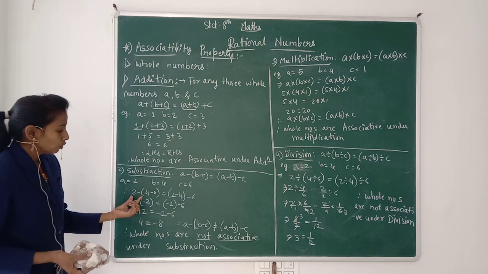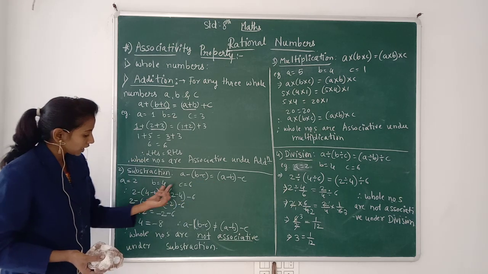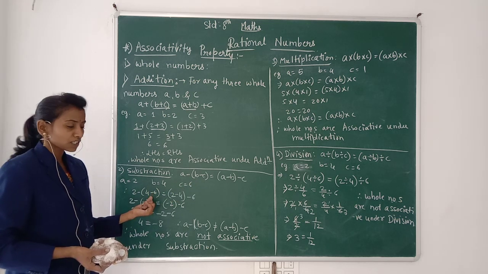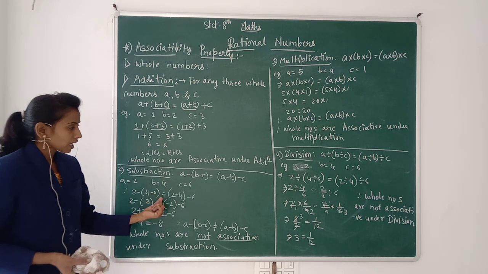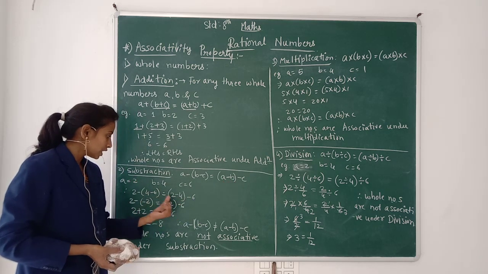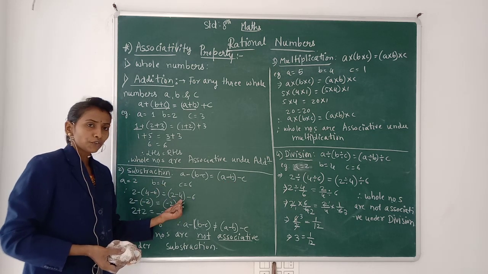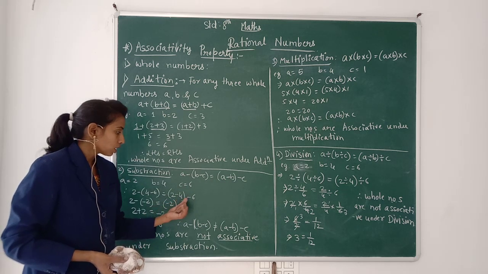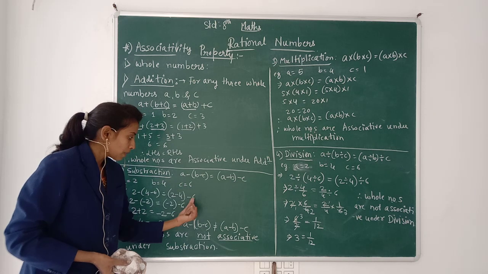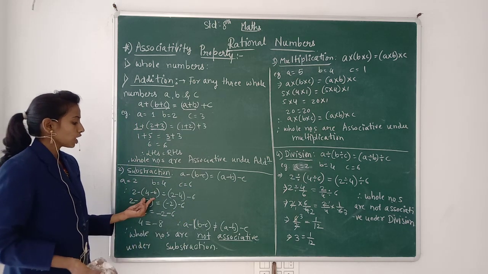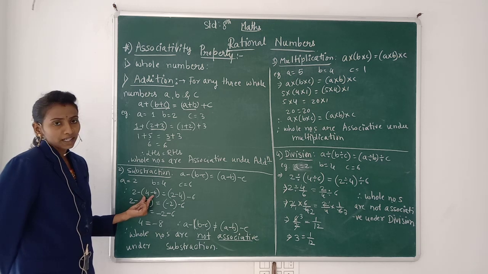So 2 minus, in the bracket B minus C, where B is 4 and C is 6, that is 4 minus 6, is equal to, in the bracket A minus B, where A is 2 and B is 4, that is 2 minus 4, keep minus C, minus 6, as it is. First of all you have to solve the bracket numbers.